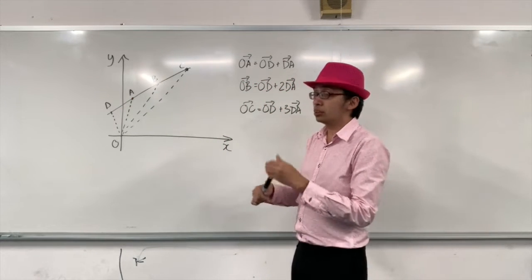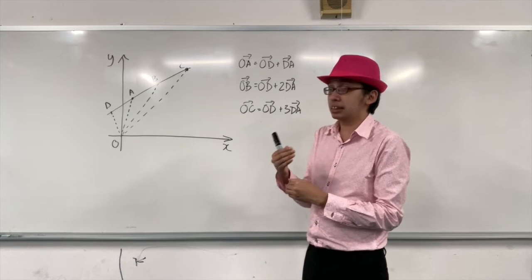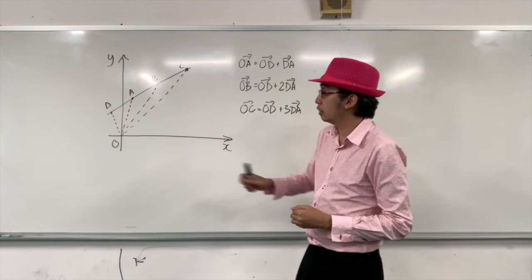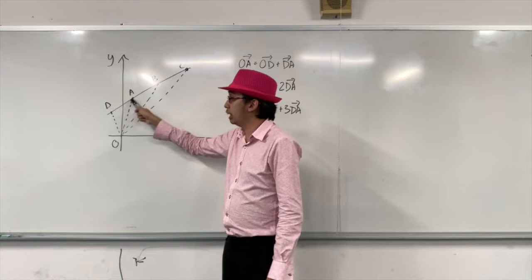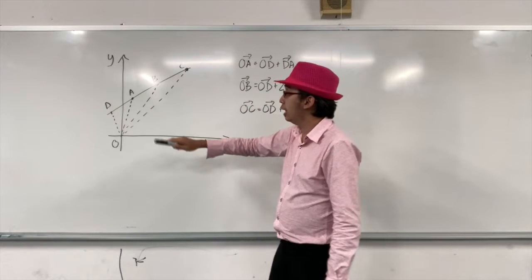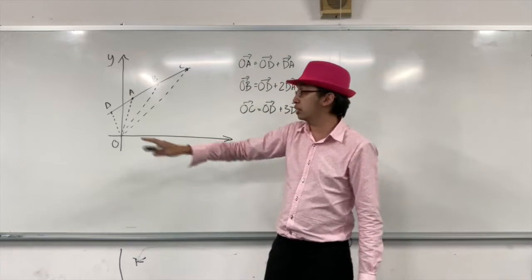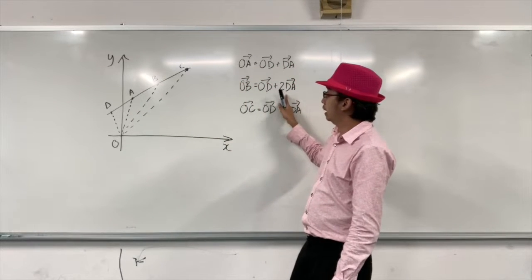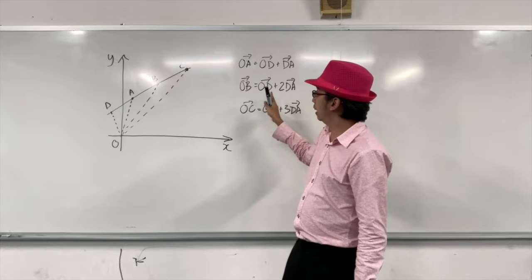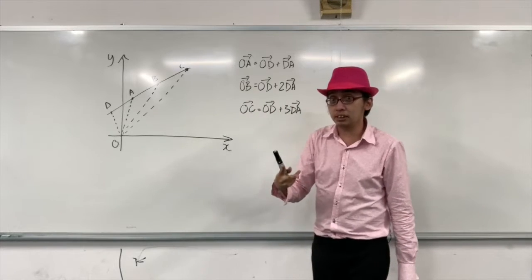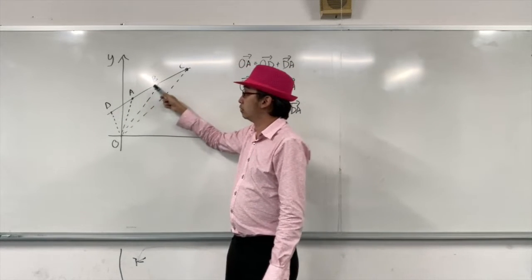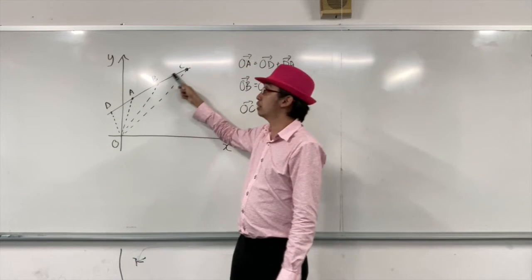Let's take the 1 unit time as seconds, to make it easier. So D can move to A in 1 second, and for D to move to B, it will take 2 seconds, because earlier we established that OB is equal to OD plus twice of dA. So it will take 2 seconds to travel to here and 3 seconds to travel to here.